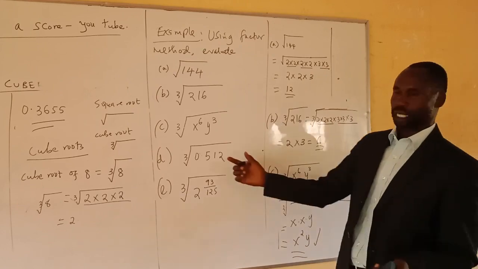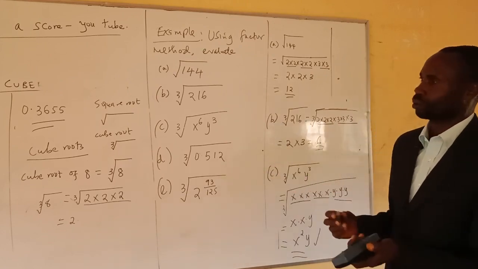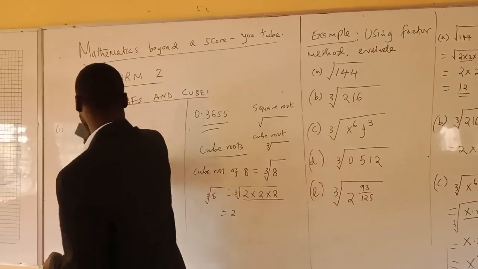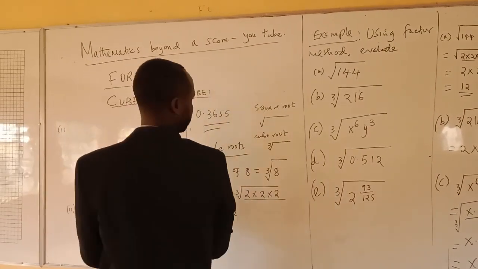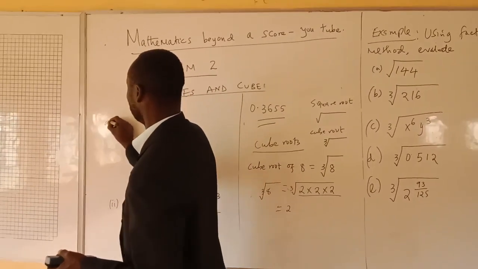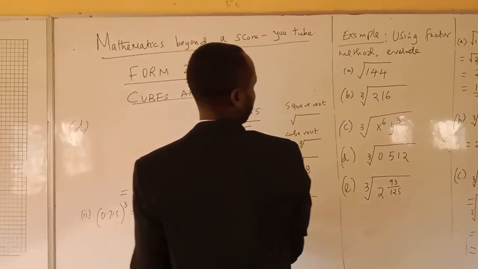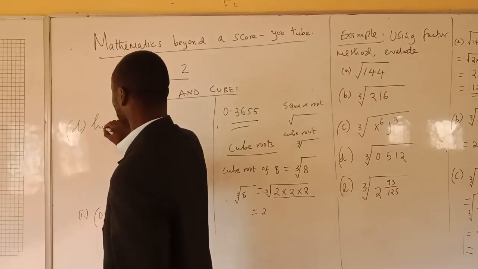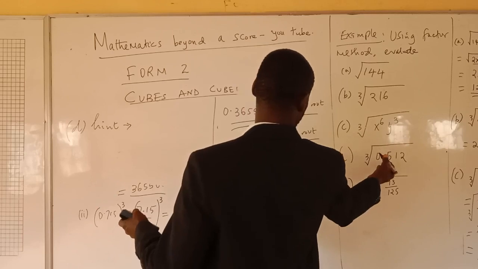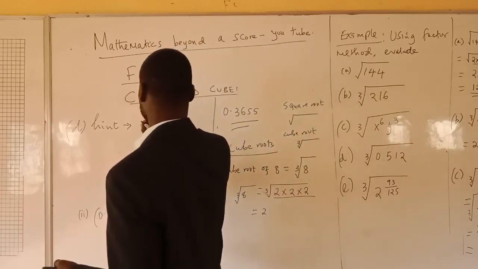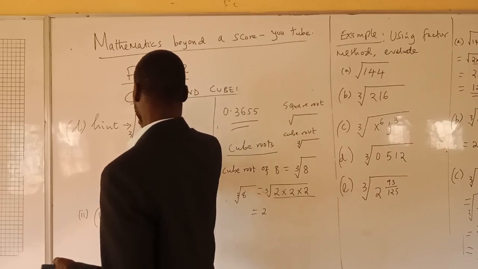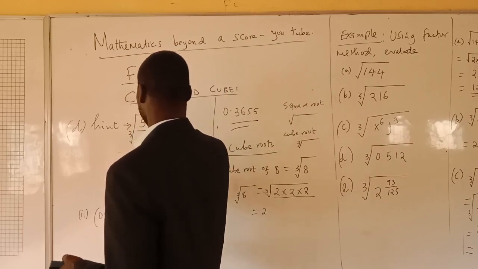My students, you can do this one, but before you do, I must give you a hint. The hint is very simple. A hint for part D. First of all, convert this one to a fraction. This is the cube root of 512 over 1,000.